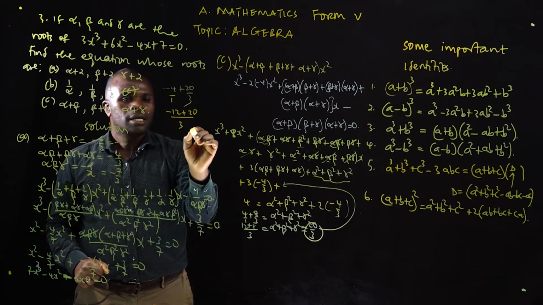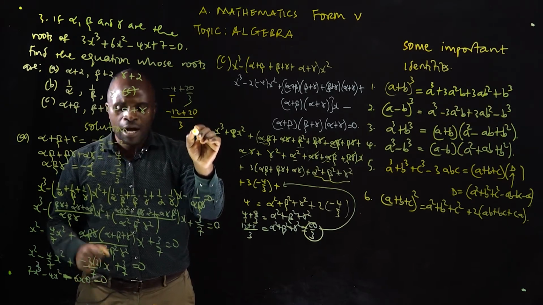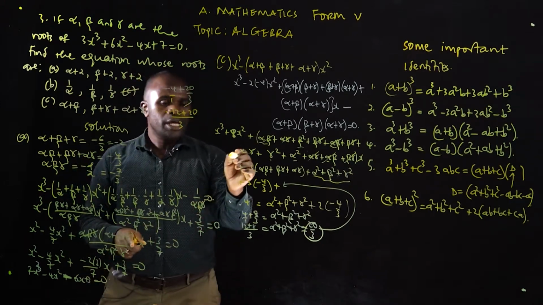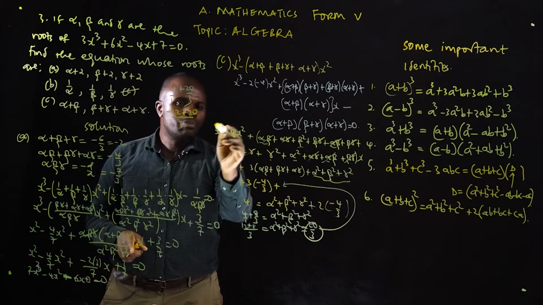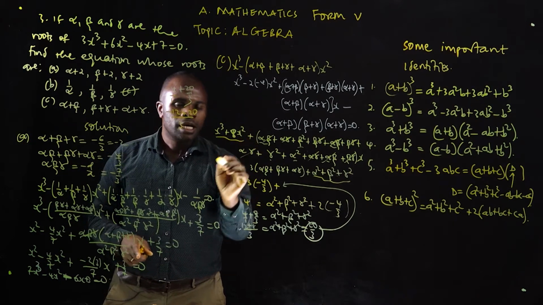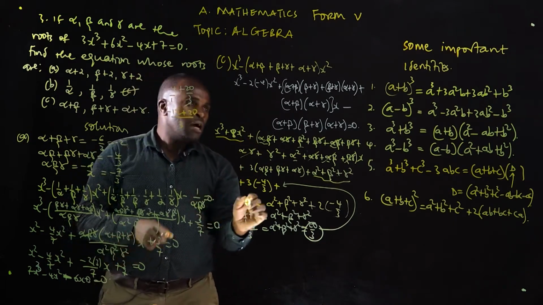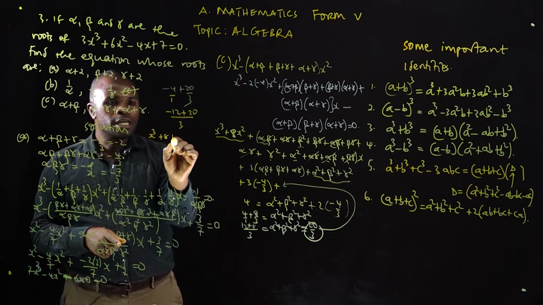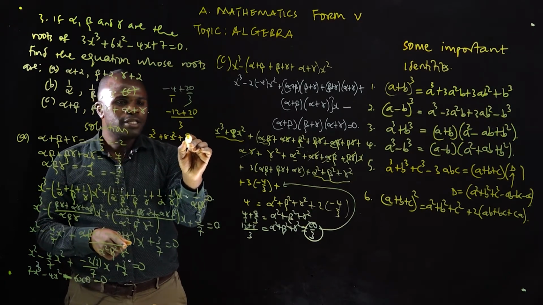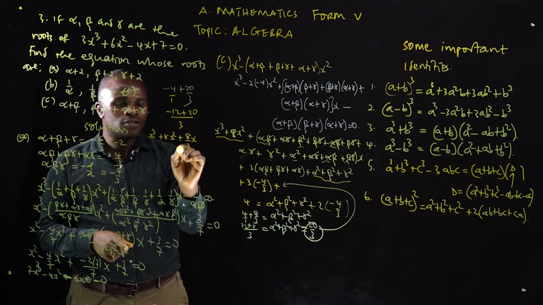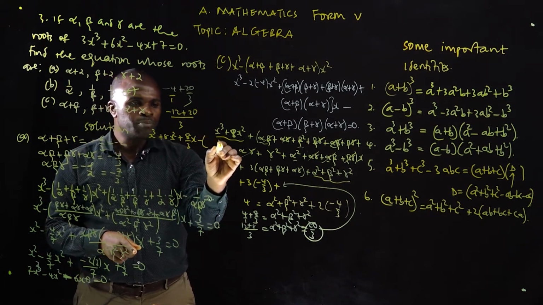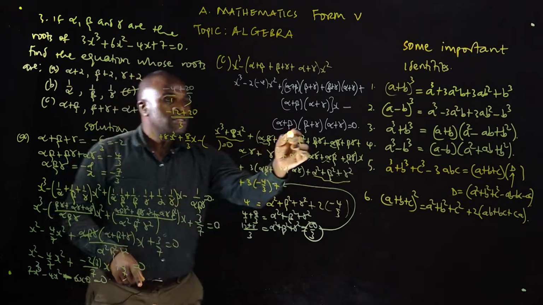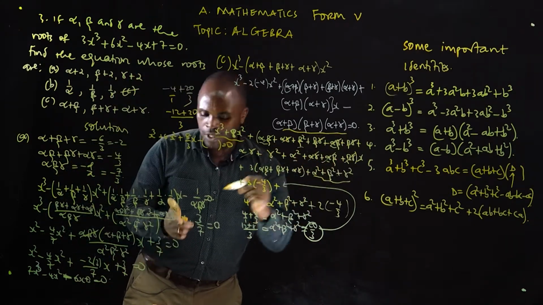So this is positive 8 over 3. If it is positive 8 over 3, we are in a good position, where our equation is now written as x cubed plus 8x squared plus 8 over 3 x. So we want to find the product of the roots. With this, this is the case for the product which is here.